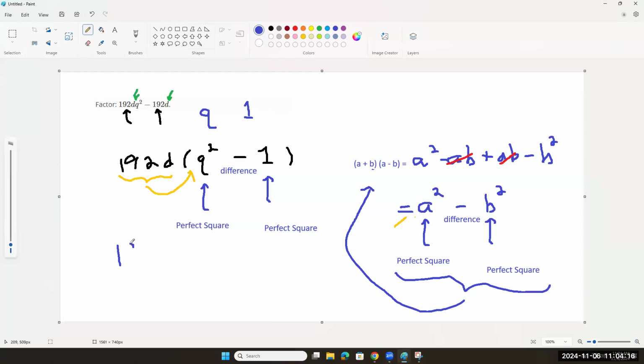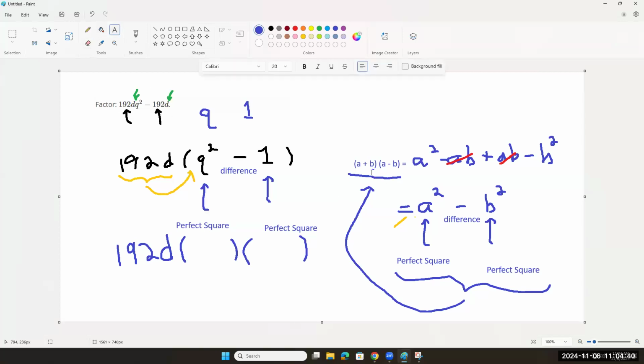That whenever you have a difference of squares, you can factor it and end up with what we call conjugates. Let me write that down.